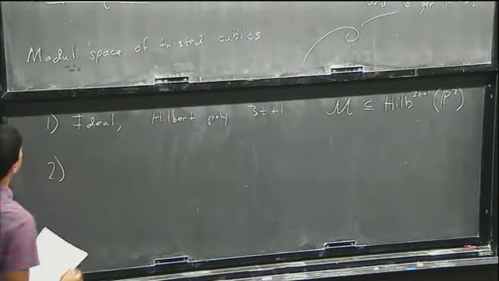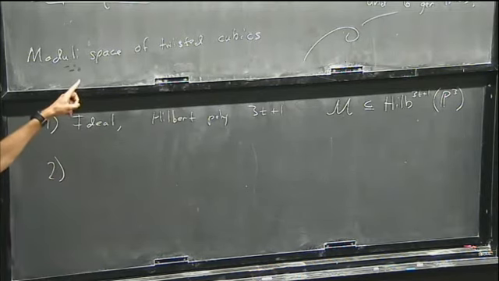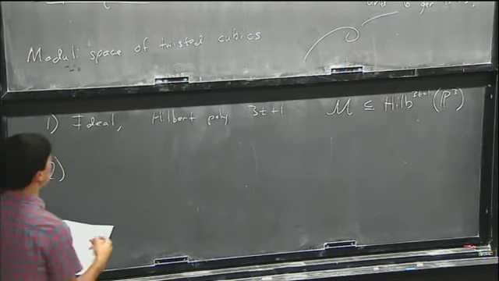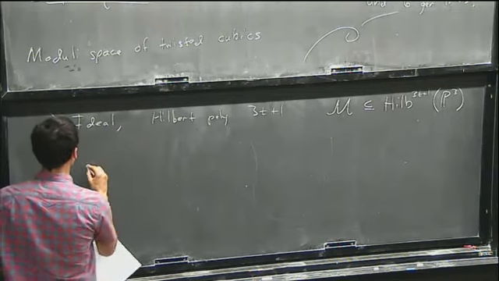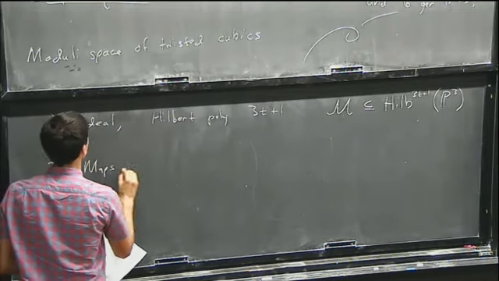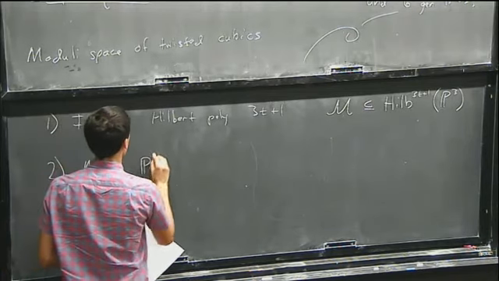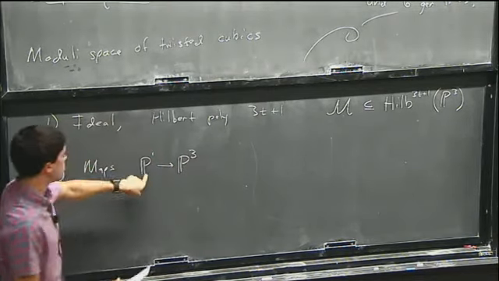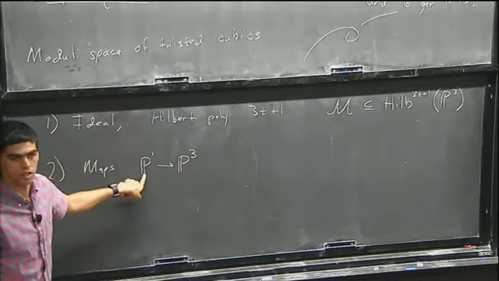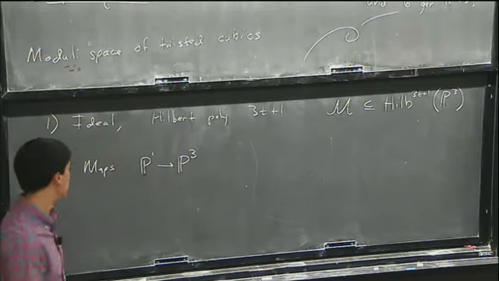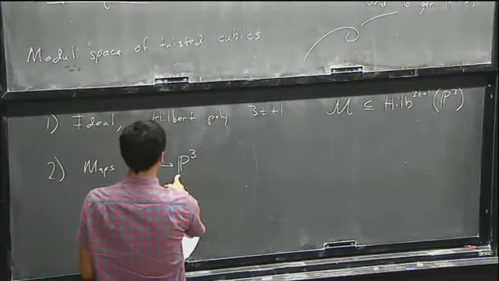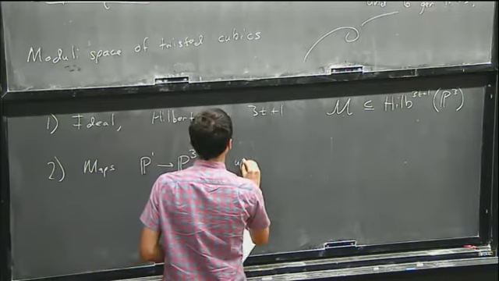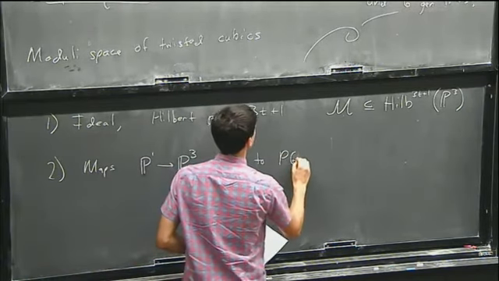Another way is, well, a twisted cubic is a P1 embedded in P3. So we can consider maps from P1 to P3, but we don't care about the coordinates on the twisted cubic. We just care about the image curve, so this is going to be up to PGL2.